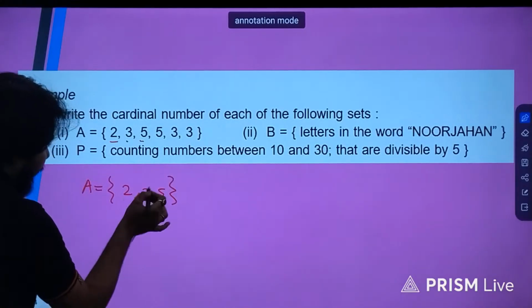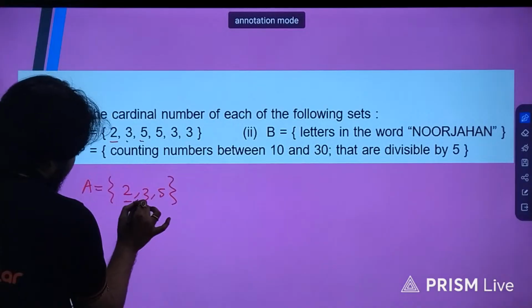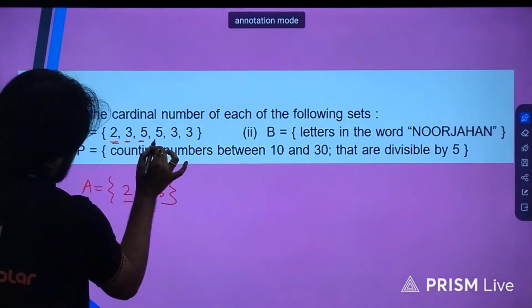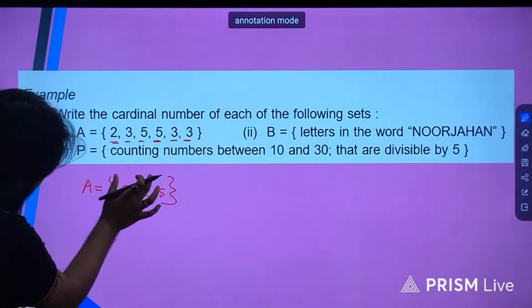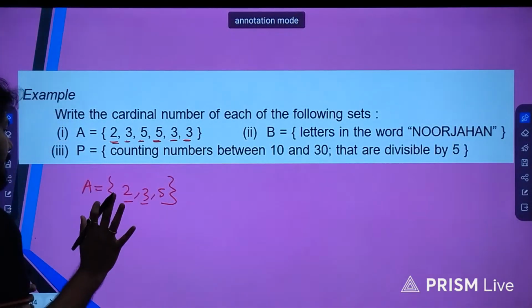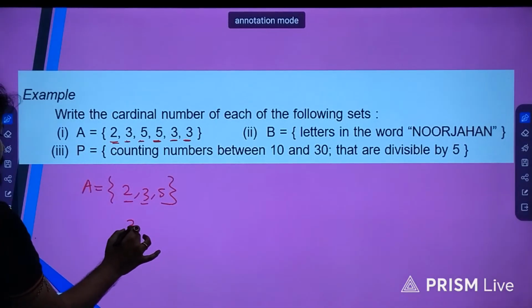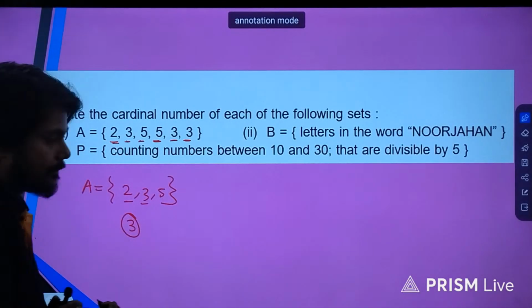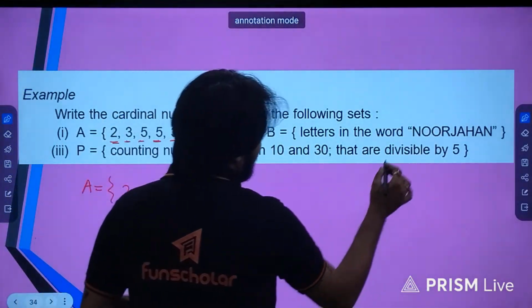Is there any other element? No. Repetition of only these 3 elements occurred over here. So what is the cardinal number of this set? This is 3.